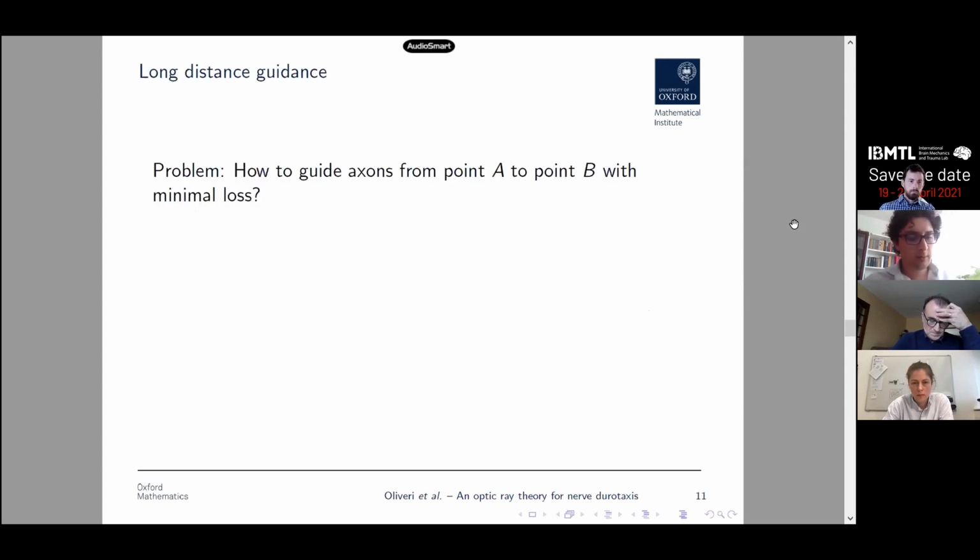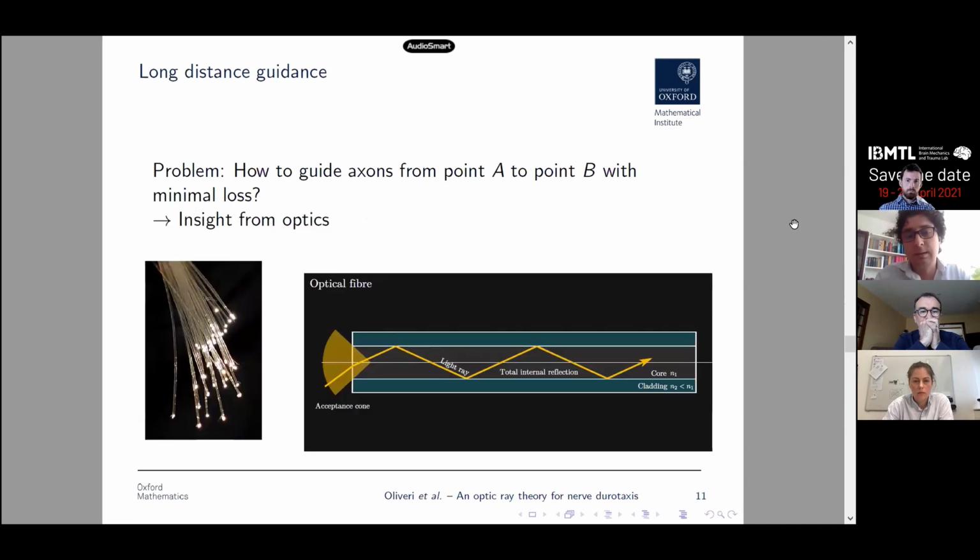Another problem we looked at, which is quite essential to the problem of guidance, is how to guide axons from a point A to point B with minimal loss. It turns out that this is an important problem also in light-based communication technologies, and people have come up with elegant solutions, in particular the optical fiber, which is a refractive tube that allows trapping the light by exploiting total internal reflection, trapping the path of the light between the two.